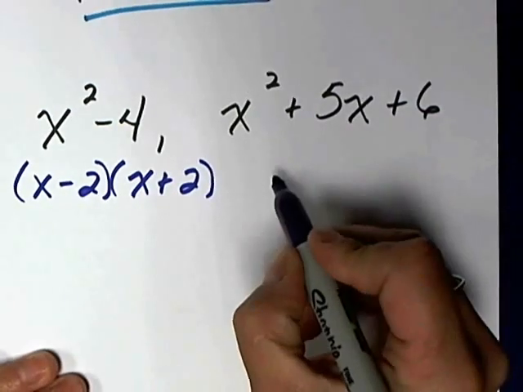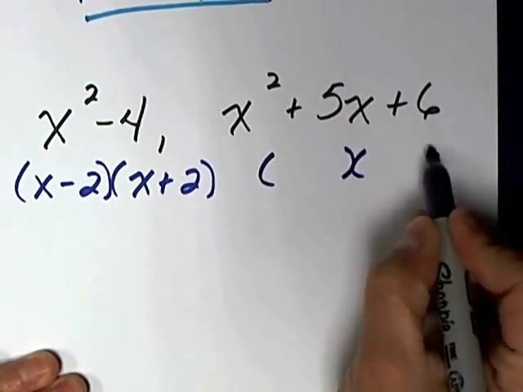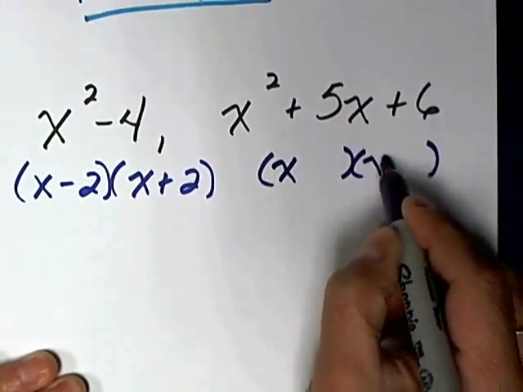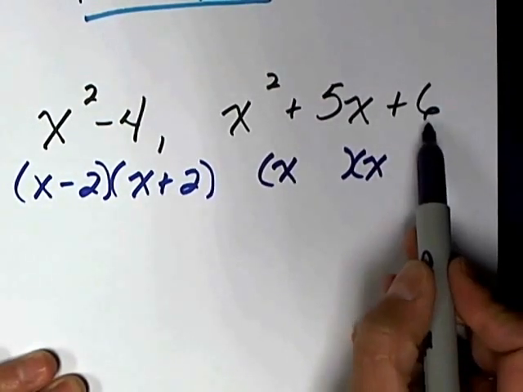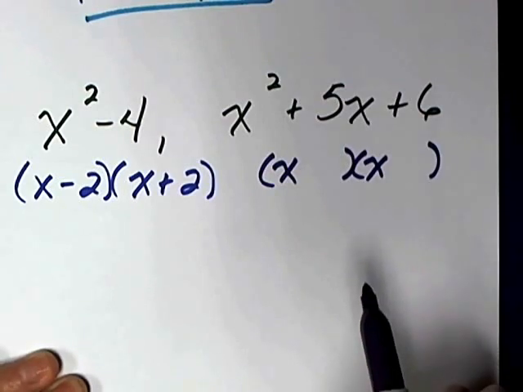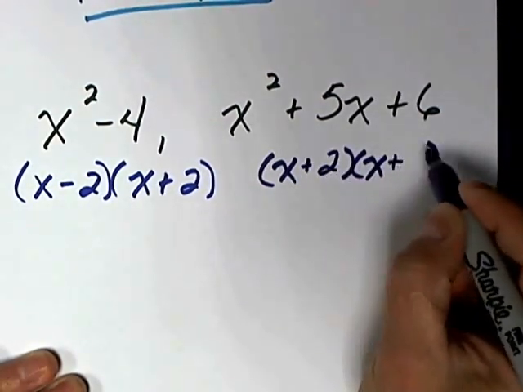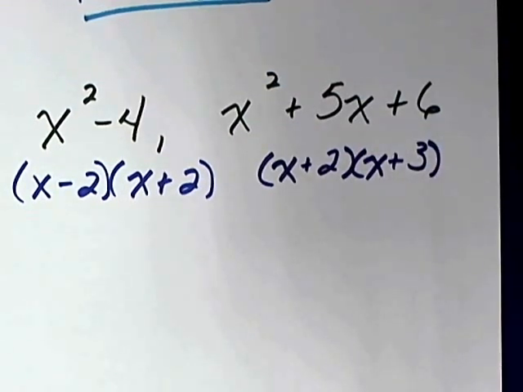It's a nice little trinomial. We make our two sets of parentheses. Numbers that multiply to x squared would just be x and x. Two numbers that multiply to a positive 6 and add to a positive 5 is a positive 2 and a positive 3. Now, to find the LCM.